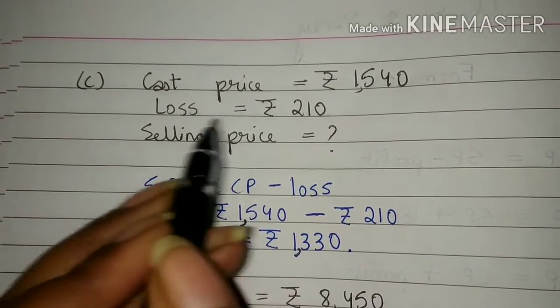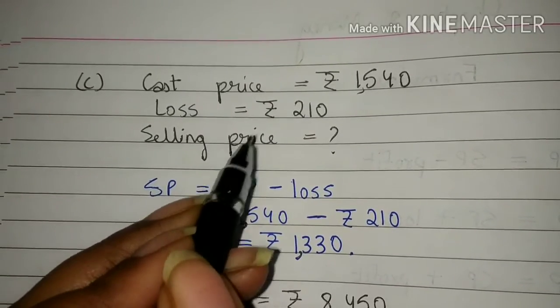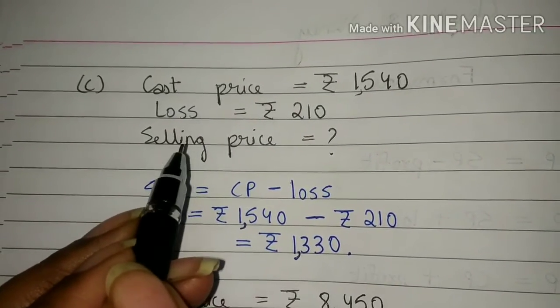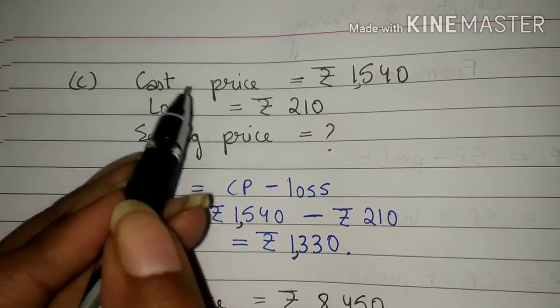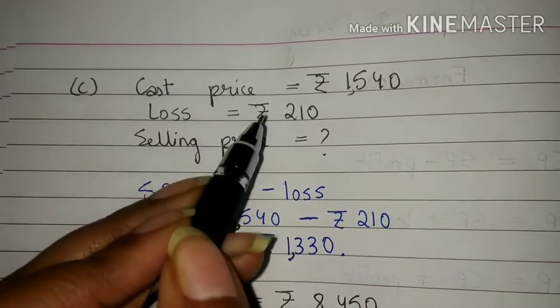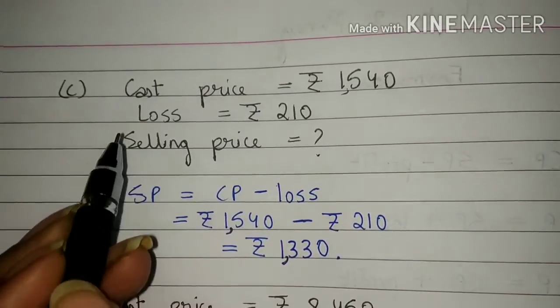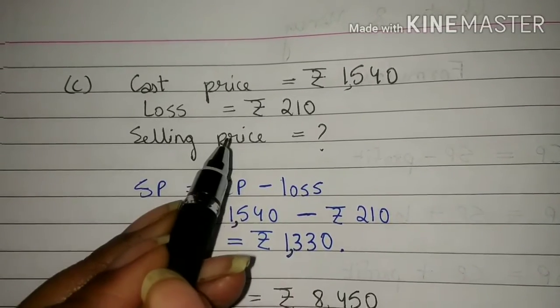I have told you that if we are suffering loss, it means we are not earning profit. Here loss is given. It means we don't have to find out profit. In this, we only have to calculate selling price.